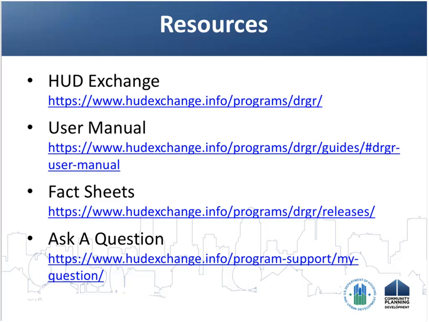Ryan wanted to give a little plug about the release. Tyler mentioned the new release that's going to be coming out. Tyler, do you want to give one little shout out again about the release for DRGR? Yeah, there's going to be a new release. It's coming out on November 20th. It contains some new features. I think the biggest new feature is that CPD reps located in headquarters will be able to track monitoring and technical assistance visits just like grantees.